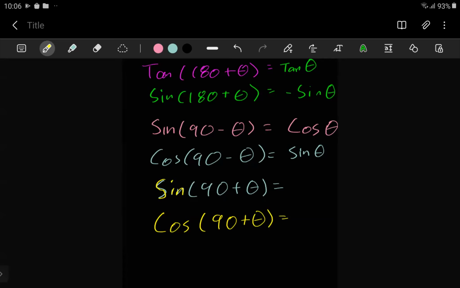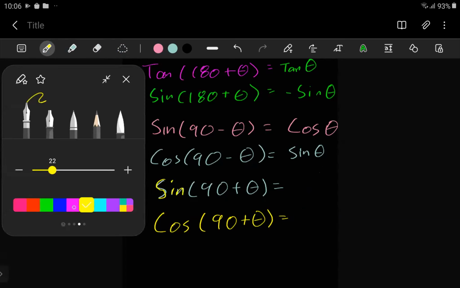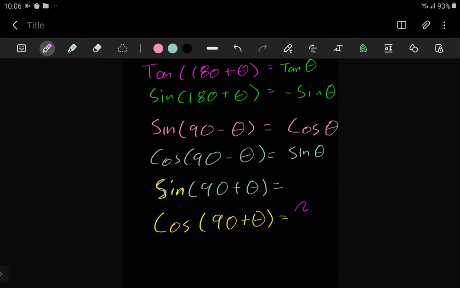Positive sine. Because on the other side, you said, yeah, so you're saying this one is positive. Well, no, because cos isn't positive in the second quadrant, and that's where 90 plus theta is. This one has to be a minus, because whenever you choose whether it's going to be a plus or minus, you always use where you're coming from.